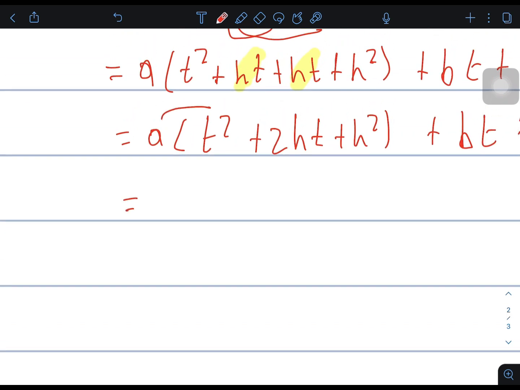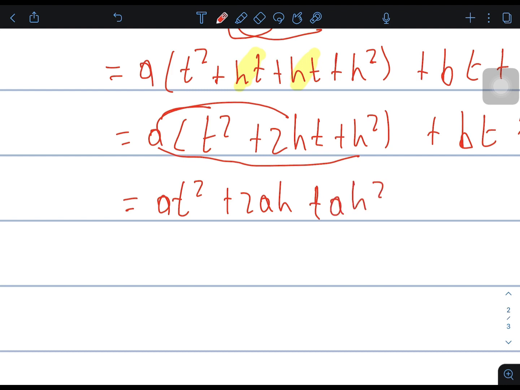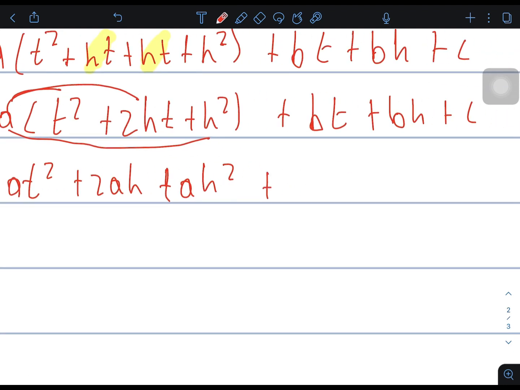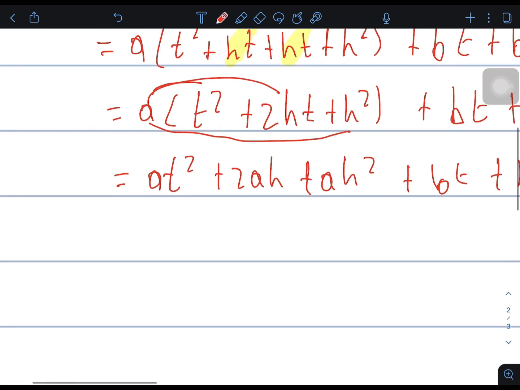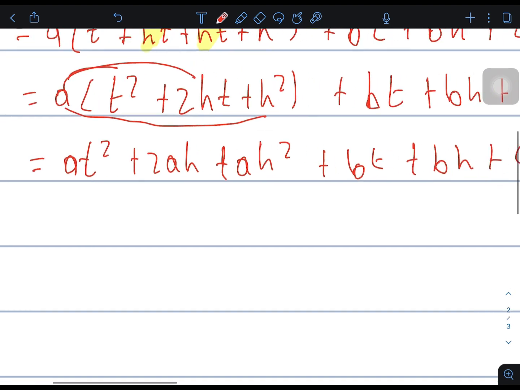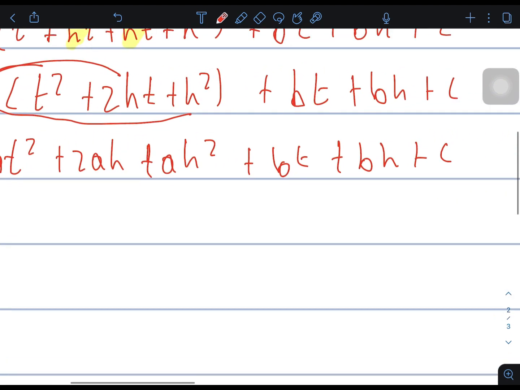A times t squared gives a t squared, a times 2h is plus 2ah, and then a times h squared is plus ah squared plus bt plus bh plus c. Do we have any other like terms? Okay, we don't have any other like terms.